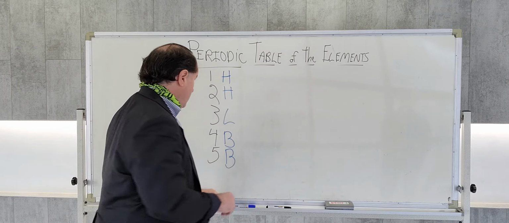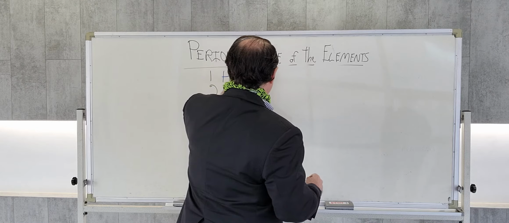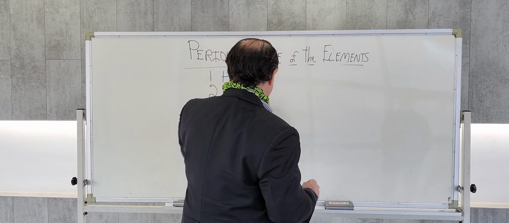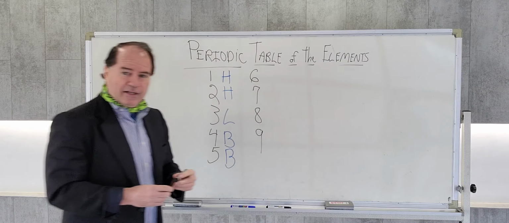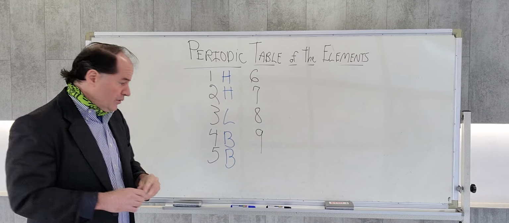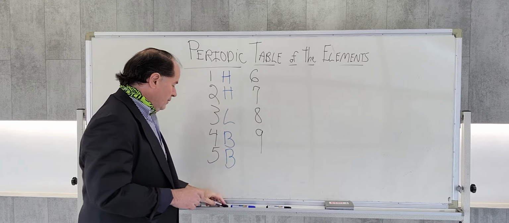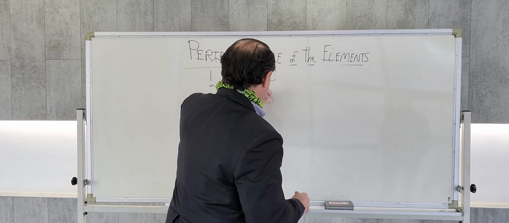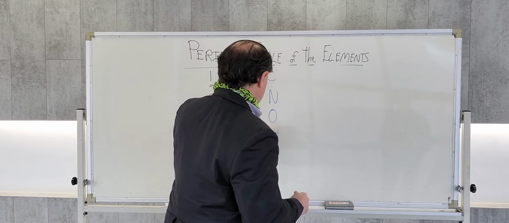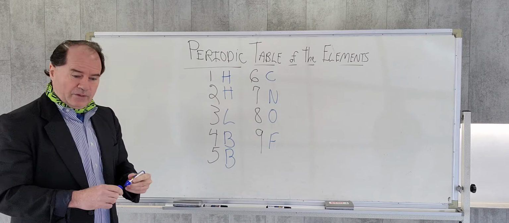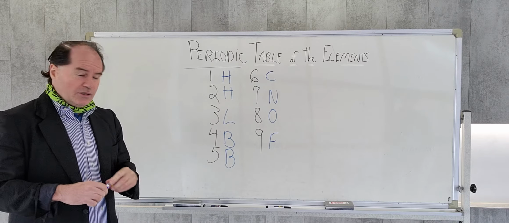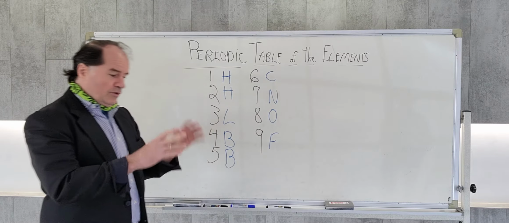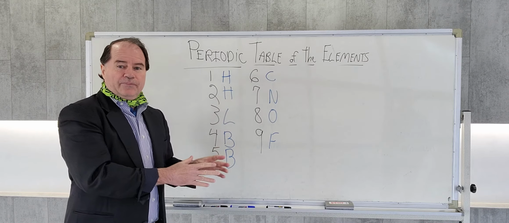Now, today we did what? 6, 7, 8, 9. What are those? Hydrogen, helium, lithium, beryllium, boron, carbon, nitrogen, oxygen, fluorine. Good. So, what you do is you take what you did yesterday.